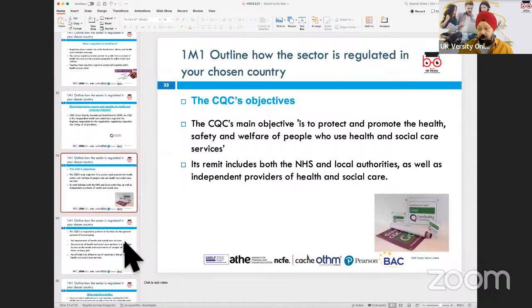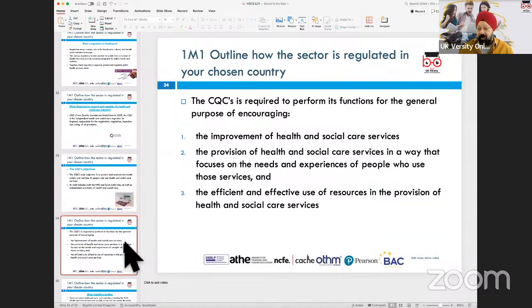Now, you can go into a lot of details for CQC, but essentially it has lots of policies which you need to look at, and the policies focus on improving the provision of health and social care services. It can withdraw funding from a particular body, because if it finds that the services have fallen below a particular standard, it can withdraw that funding straight away. It can put it under sanctions. It can ask it to close down.